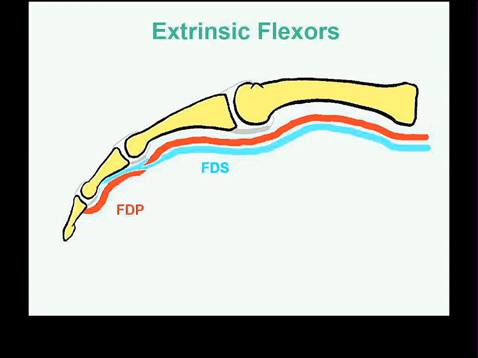Now, flexor digitorum superficialis inserts on the middle phalanx and therefore flexes the MCP joint and the PIP joint. Flexor digitorum profundus inserts on the distal phalanx and flexes all three joints. If I want to contract flexor digitorum superficialis all by itself, all I have to do is flex the PIP joint and not the DIP, and that motion is done by flexor digitorum superficialis.